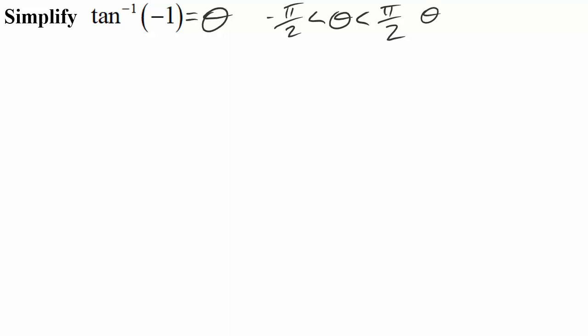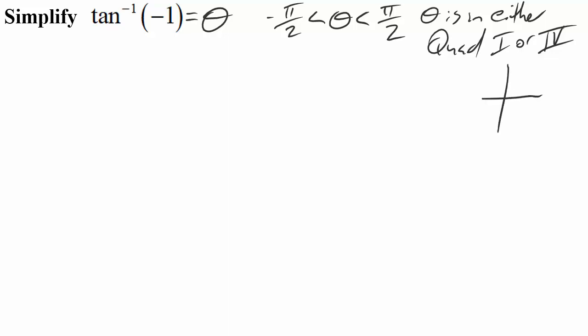Now this tells us that theta is going to be in either quadrant 1 or quadrant 4. Because if you look at our angles, we start at 0 here and we go up to pi over 2, and all the way around here to pi, and then typically we would go down to 3 pi over 2 before coming back up to 2 pi.